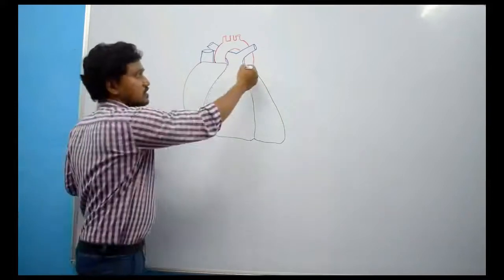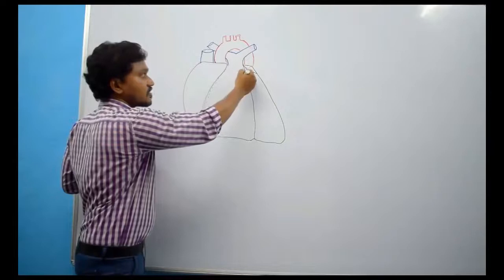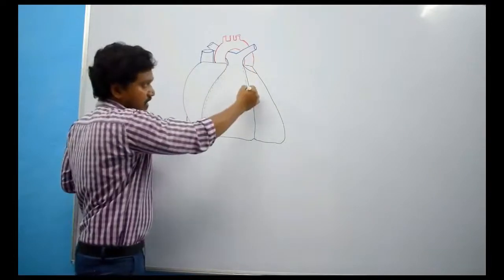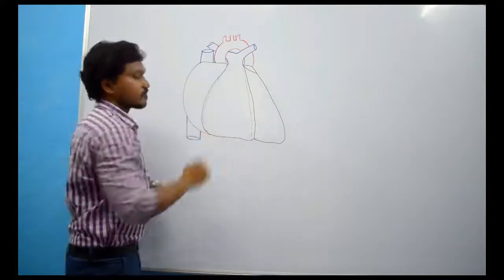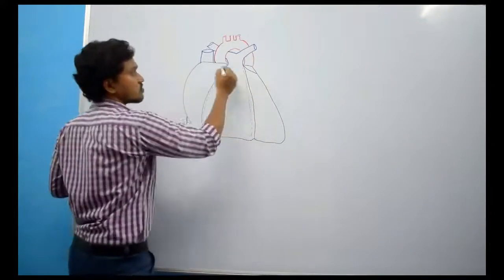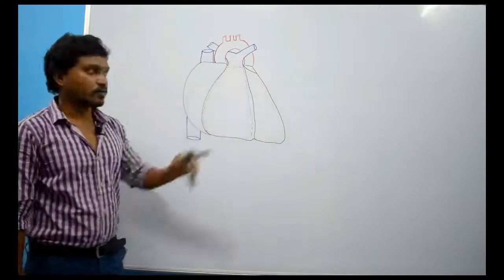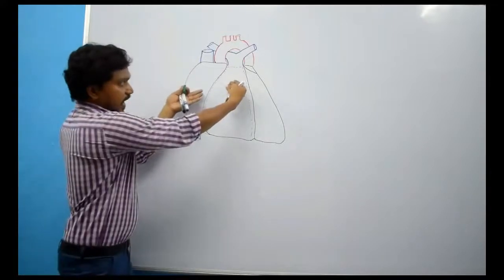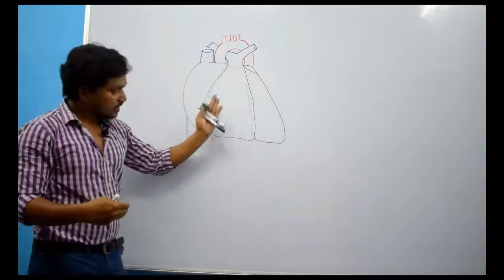Then just right to the anterior interventricular sulcus. This is the anterior interventricular sulcus. Along with that you have to make one more incision. Then one transverse incision at the upper part of the infundibulum, so that you can reflect this anterior wall of the right ventricle down.